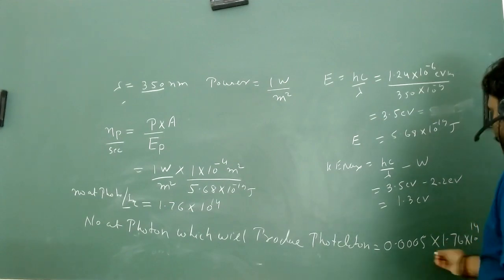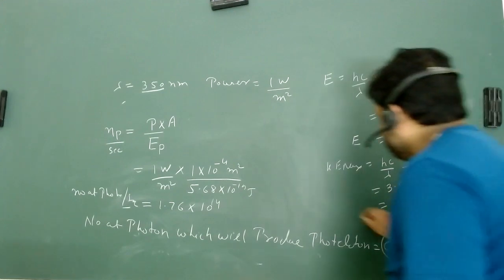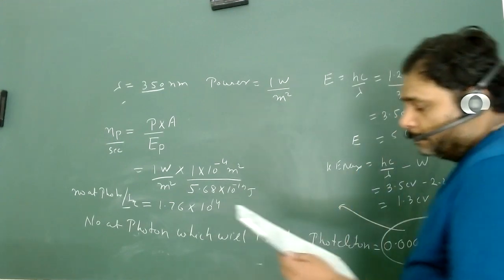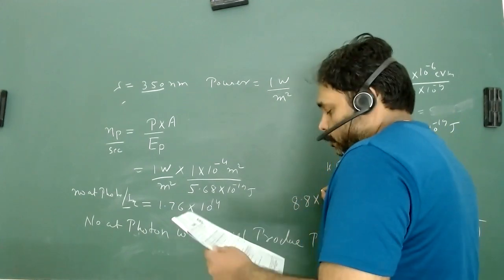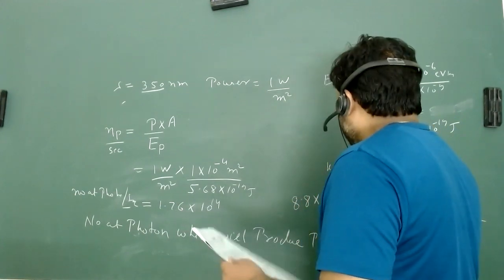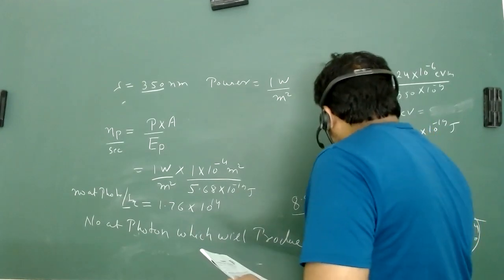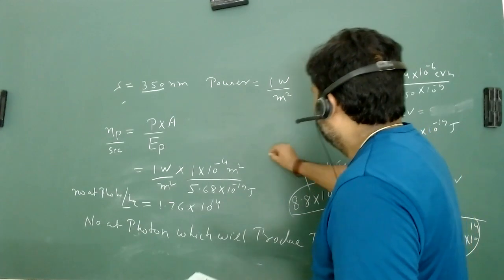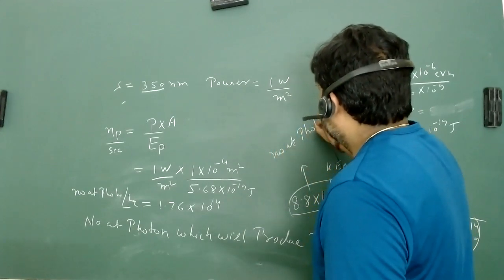If we calculate all this, the value comes to 8.8 into 10 to the power 11 photons per second, which is also equal to the number of photoelectrons.